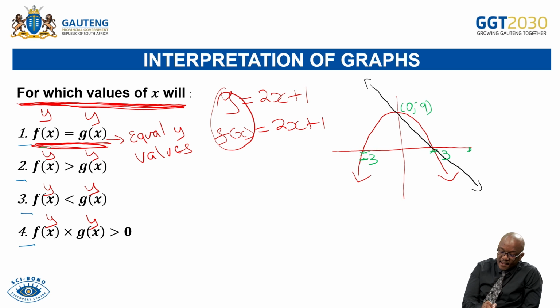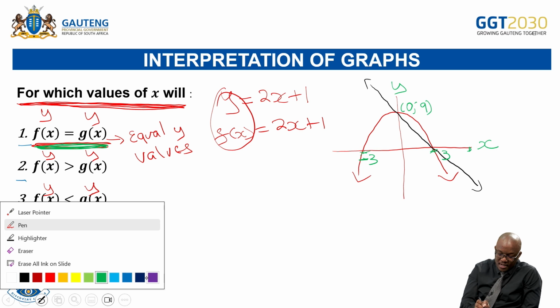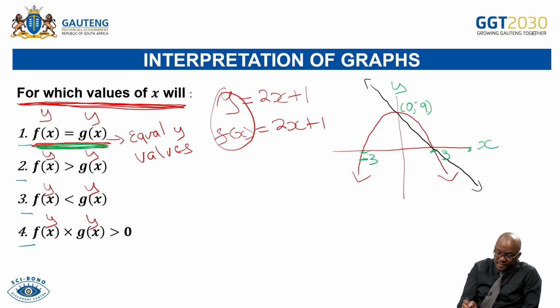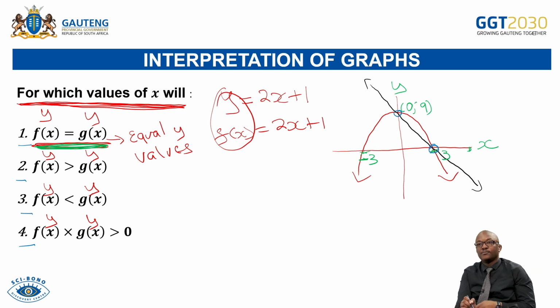So in this case, we are saying, where are the y values equal? Correct. This graph, x and y, we can see that these graphs are equal where? They are equal when y is equal to 9 and where y is equal to 0.